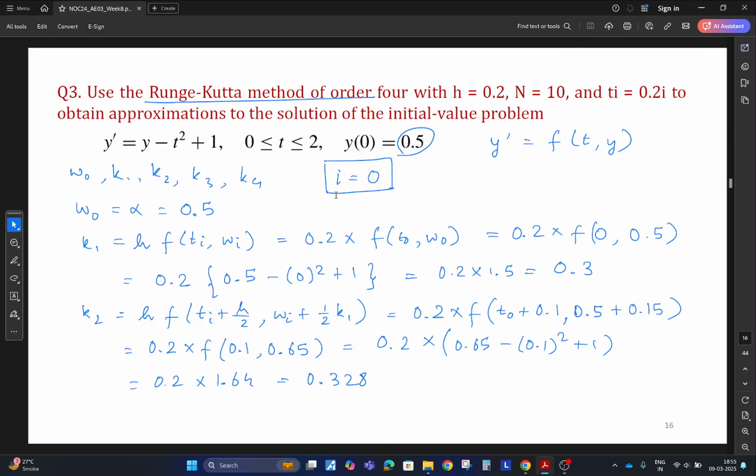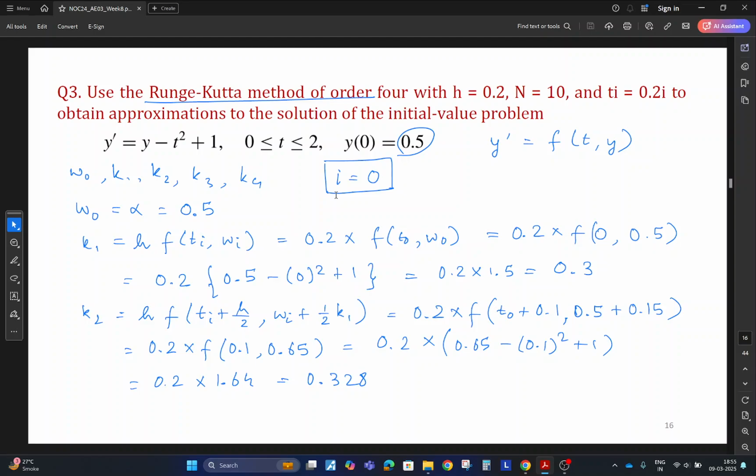W0 is simply equal to alpha, which in this case is equal to 0.5. This we can clearly see is the initial value of the given initial value problem, that is the response of the system at t equal to 0 time step. Next we compute the quantity K1, which is simply equal to h times the function evaluated at ti and wi.